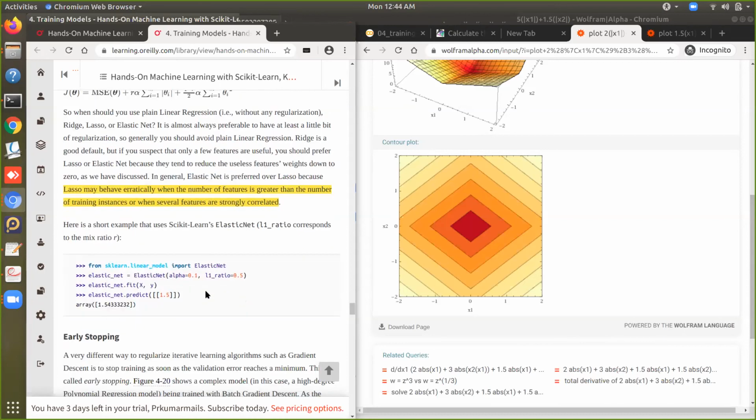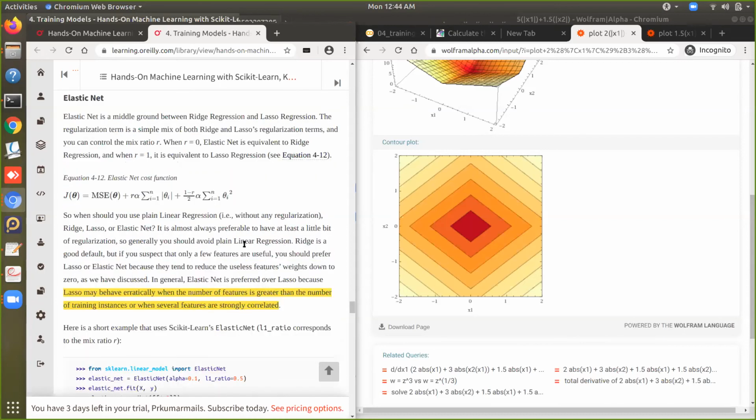And which method is good? Ridge is a good default, but if we suspect that only a few parameters are useful, we can prefer elastic net or lasso.